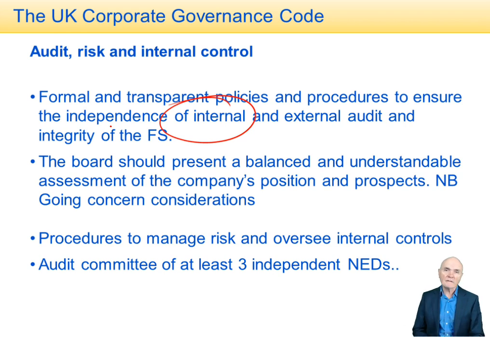Again, it used to be that the external auditors would liaise with the finance director, but the finance director was maybe the person responsible for the internal control, and maybe the internal control wasn't very good. So the auditors, or even internal auditors, reported to the finance director, the person responsible for internal control, that internal control wasn't very good, and you had this kind of circular system going on.